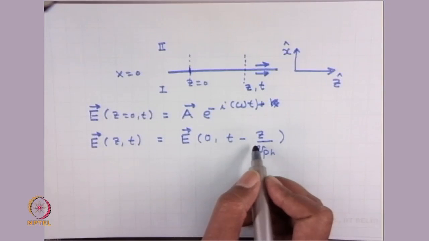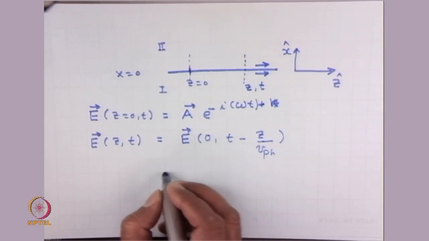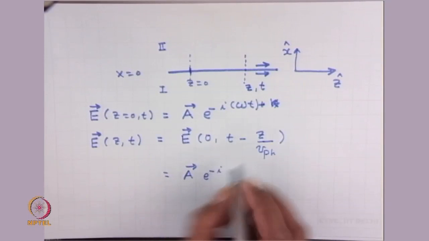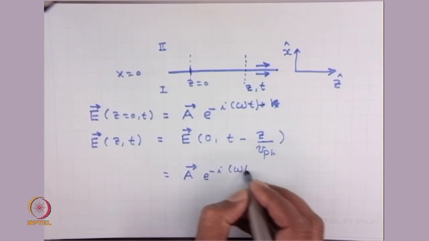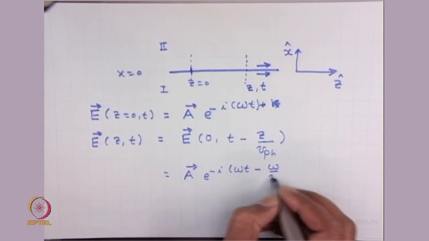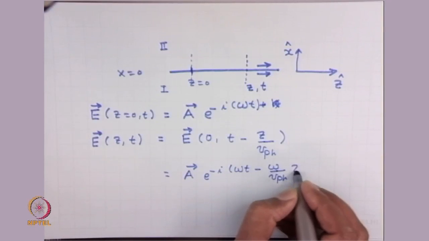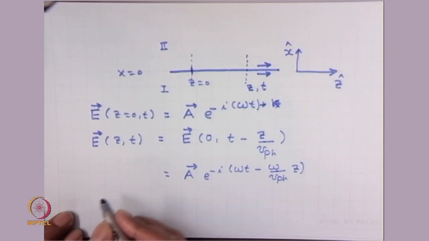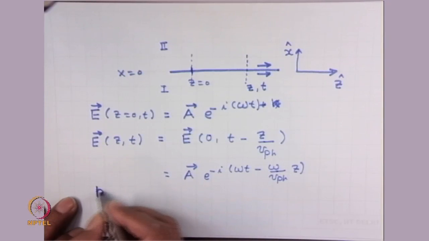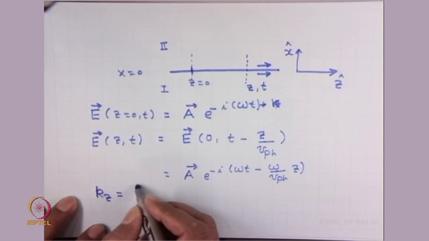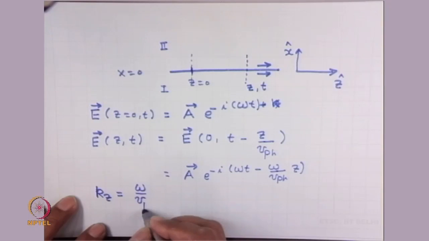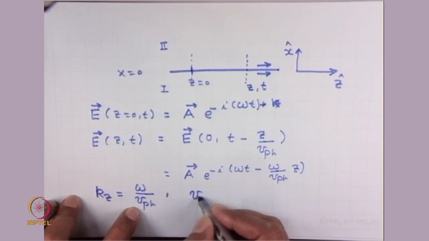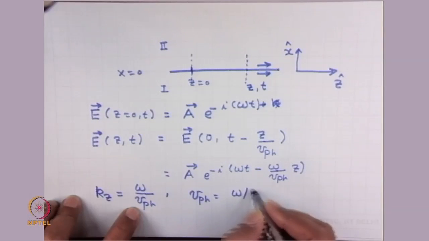So if I put this in this expression, this becomes A exponential minus i omega t minus omega upon Vph into z. I use a symbol omega by Vph as kz. Conversely, I can say that the phase velocity of the wave is omega by kz.